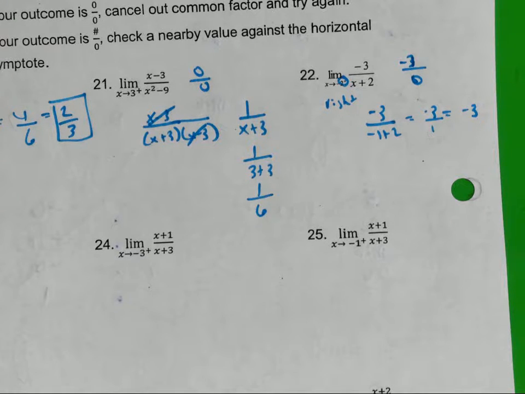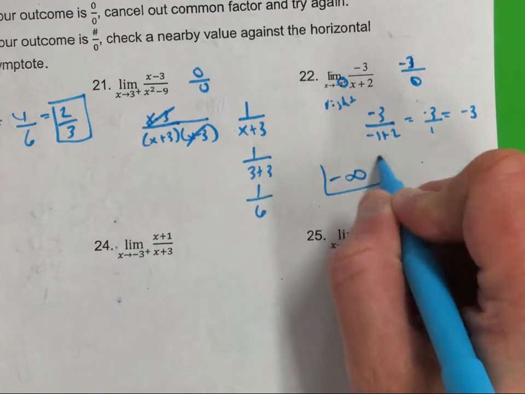If I would have got a positive value here, that means it was going to positive infinity. And the reason it's going to infinity, guys, can I cancel anything out to get rid of that x plus 2? So that lets you know there's an asymptote there, isn't it? And what you know about asymptotes, they're going to go to infinity or negative infinity, don't they? So do you understand why your answer is an infinity here? So this would be negative infinity.